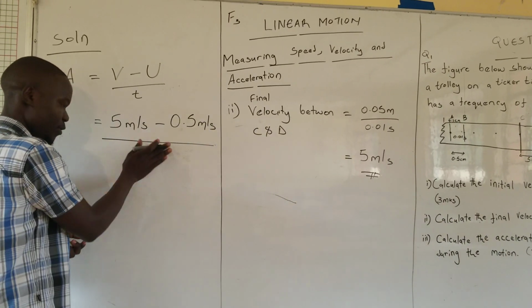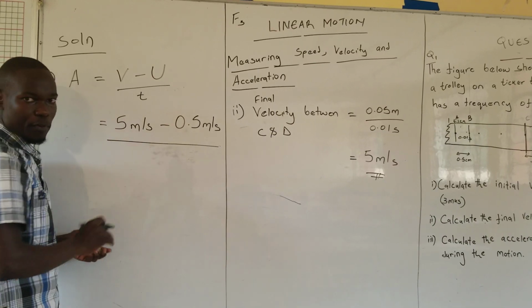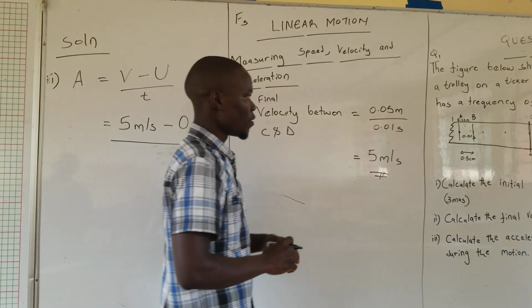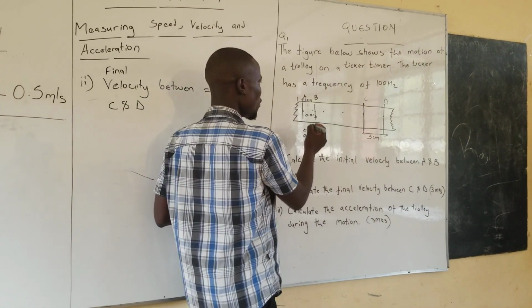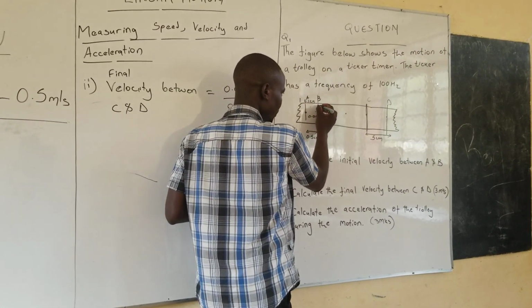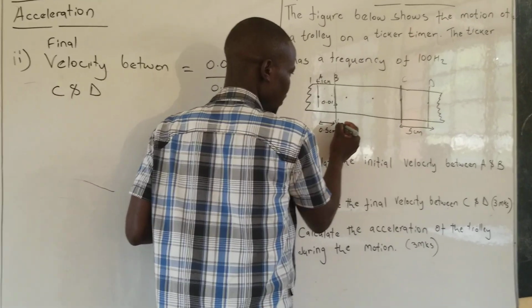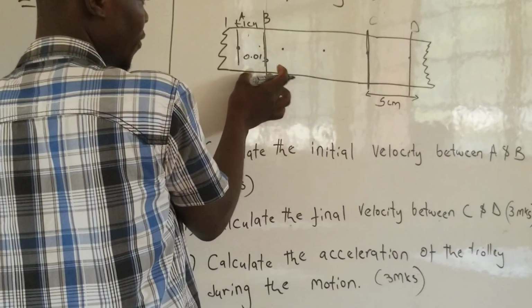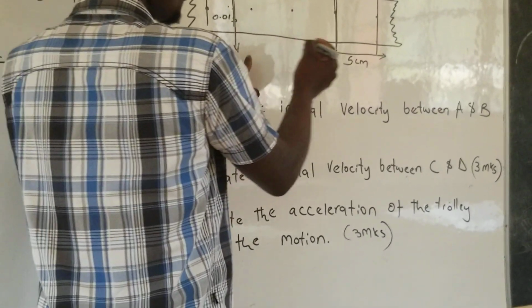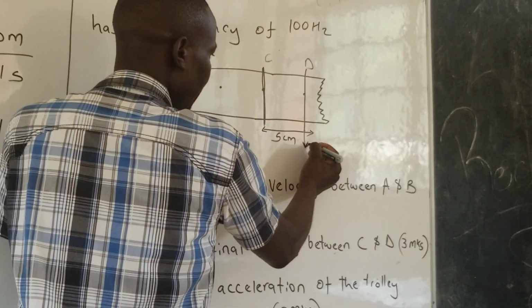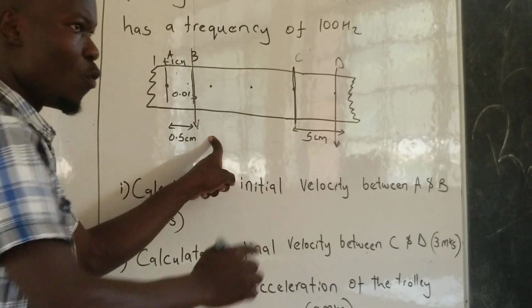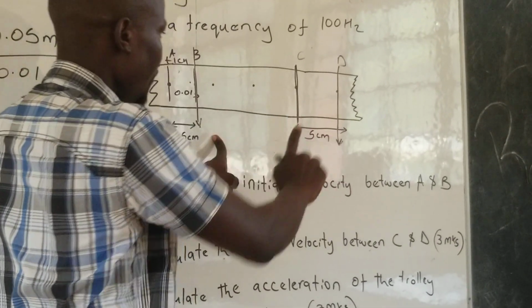Now, here is where students have a lot of problems. How do we get the time? For us to determine the time, we use the end point of initial velocity to the end point of final velocity. So we count the number of ticks in between.